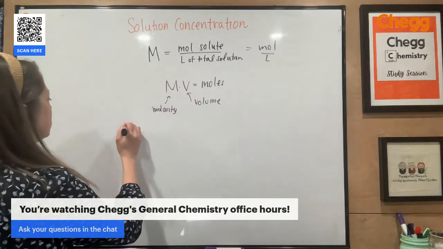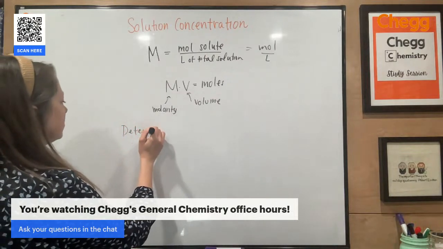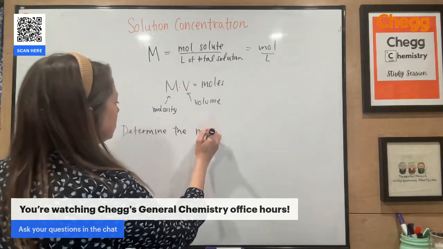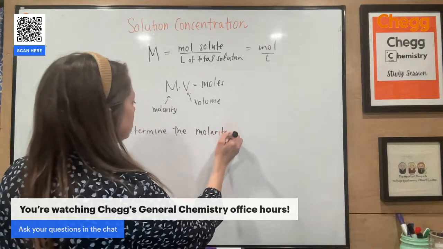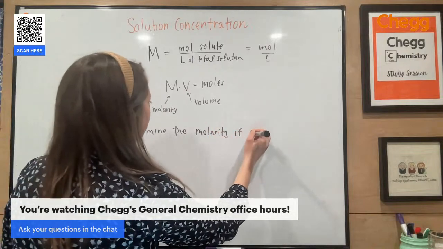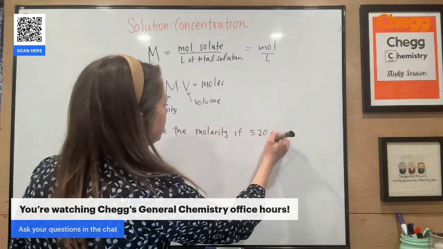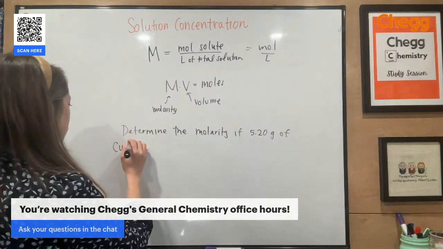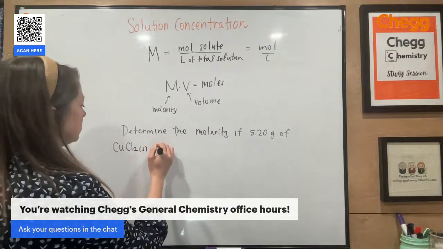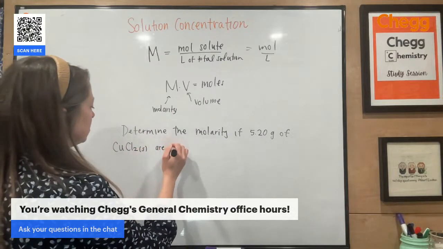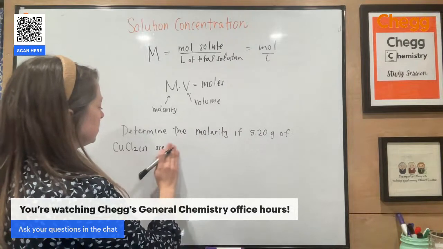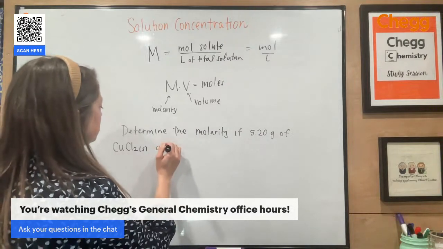So determine the molarity if 5.2 grams of copper 2 chloride are used.